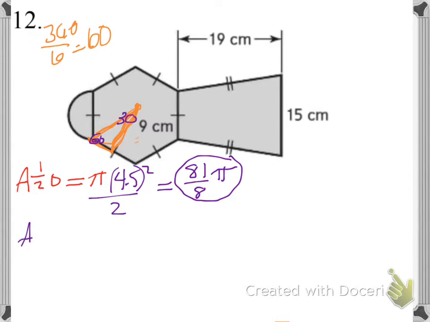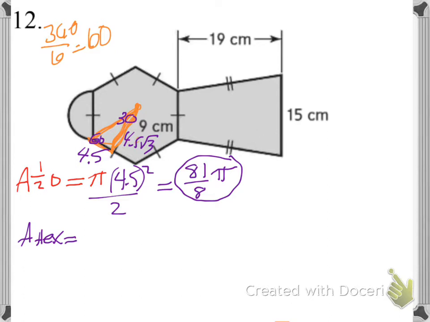So this is going to be the area of the hexagon. Is going to be apothem. Okay, we do not have the apothem. What we have is a side. Okay, if the whole side is 9, then this piece is going to be 4.5, which means our apothem is going to be 4.5 root 3, because it's a 30, 60, 90.